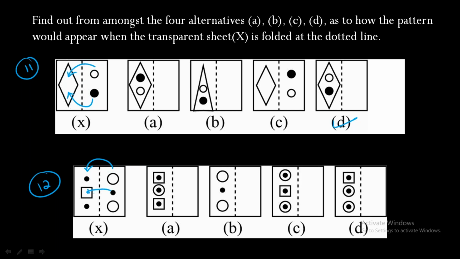This dot will come here. This circle will come here. So circle, square, and circle, it's option C. Circle, square, and circle required. That's at least there in option C. Okay, excellent.